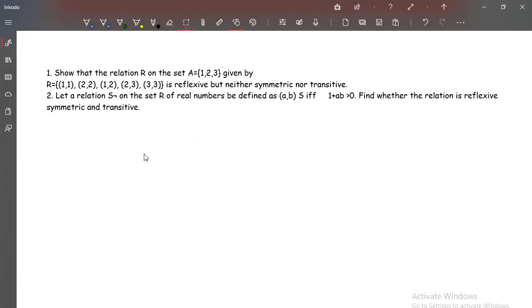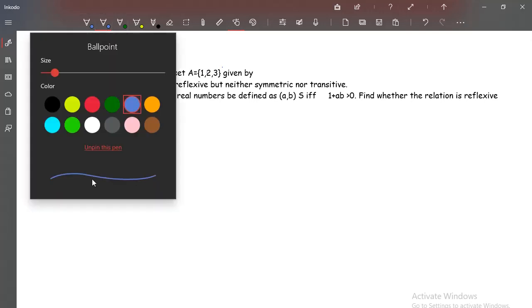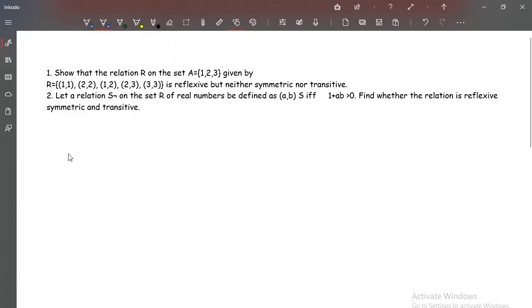Let us first check whether it is reflexive or not. Let us write the solution.